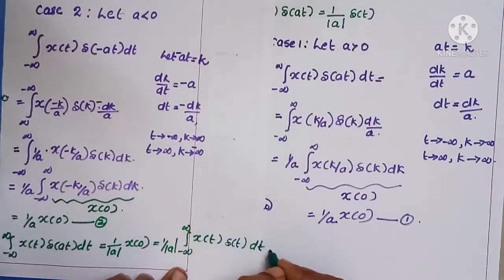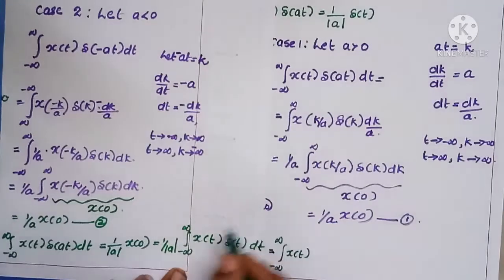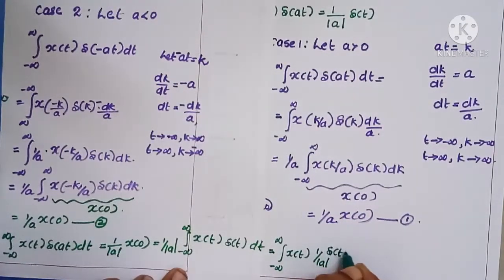It can be written as the integral from minus infinity to infinity x of t, and this 1 by mod a can be taken inside the integral, so we write 1 by mod a into del of t dt.